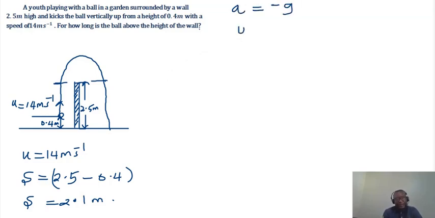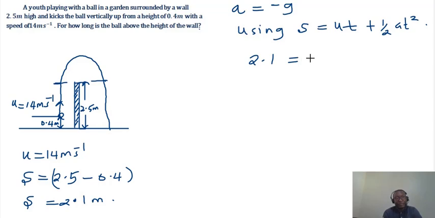So using the displacement is equal to ut plus a half at squared, we need to modify this. We shall have our displacement, which is 2.1, being equal to our u, 14, times our time, which we do not know yet, minus a half times 9.8, that is the acceleration due to gravity, and this negative shows that we are opposing it, t squared.